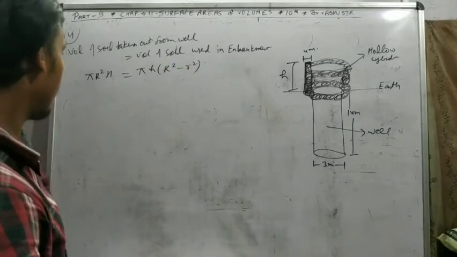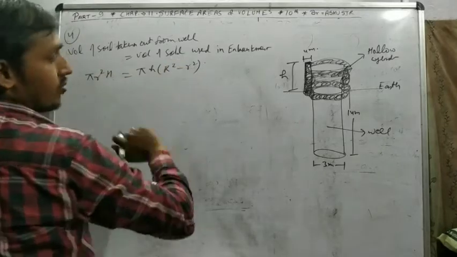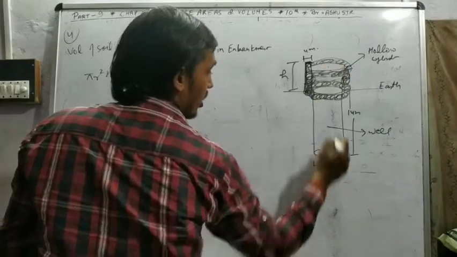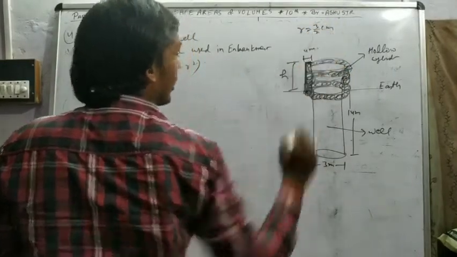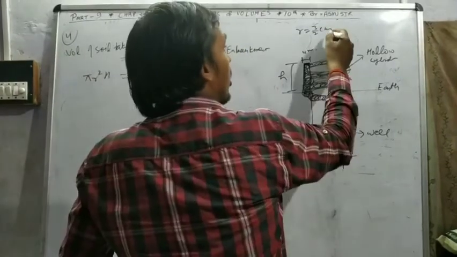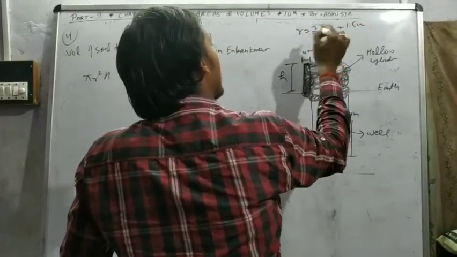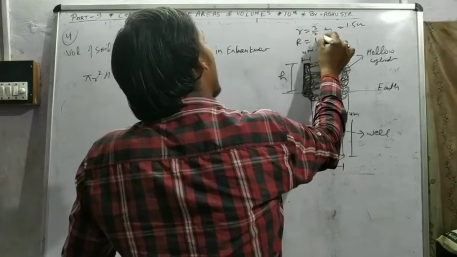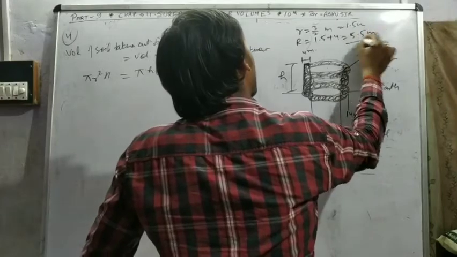Take here small r, which is 3/2, that is 1.5 meter, and the capital R is 1.5 plus 4, that is 5.5 meter.